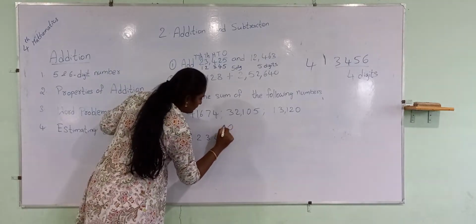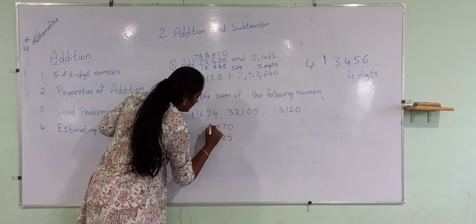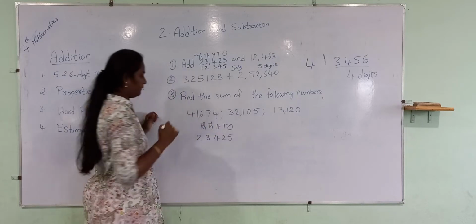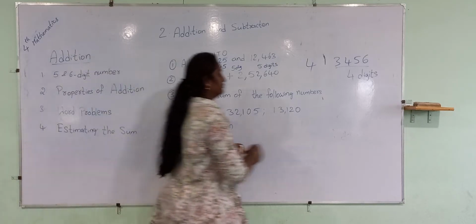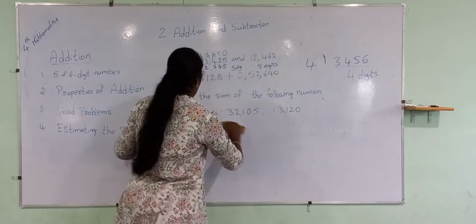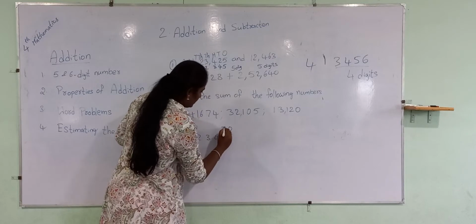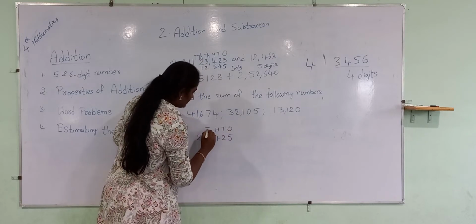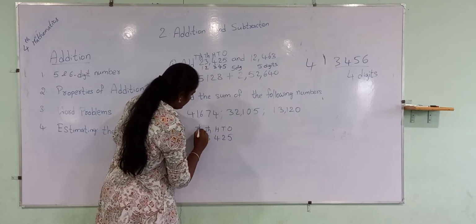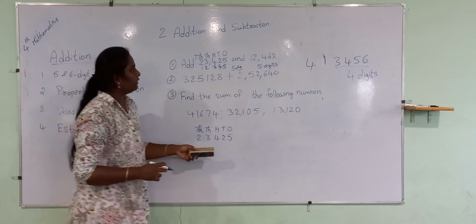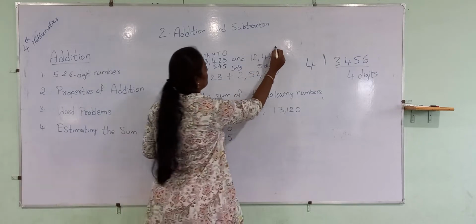First write here also ones, tens, hundreds, thousands, 10,000s. Okay. Now write the ones value first.